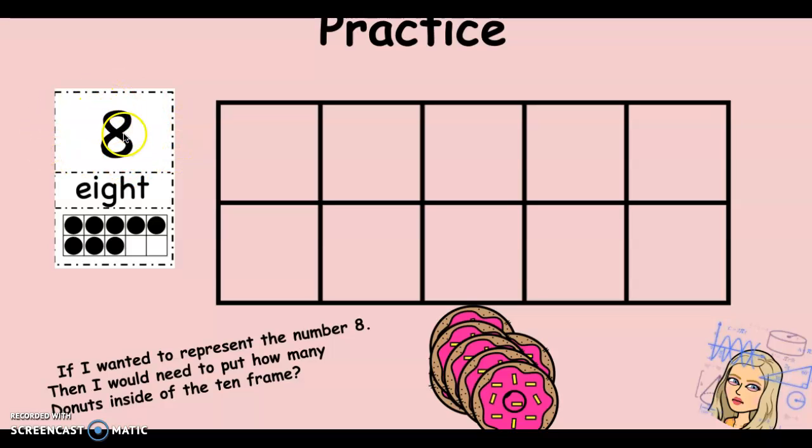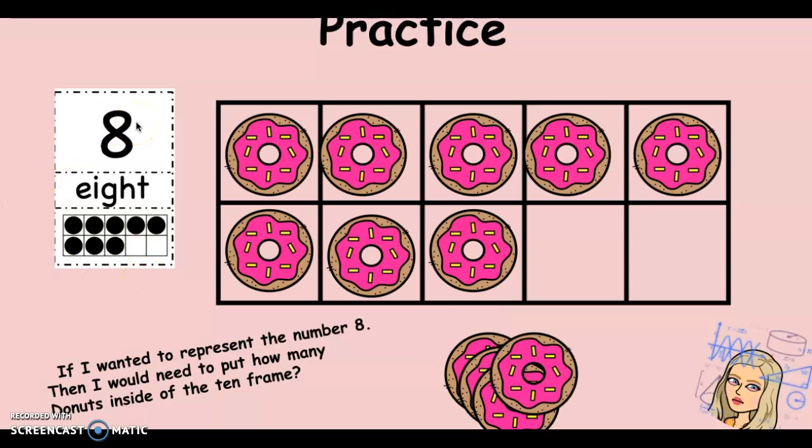What is this number? This is the number 8. So if I wanted to represent the number 8, then how many donuts would I have to put in my 10 frame? 8 donuts, right? 1, 2, 3, 4, 5, 6, 7, 8. So we have 8 donuts inside of our 10 frame.